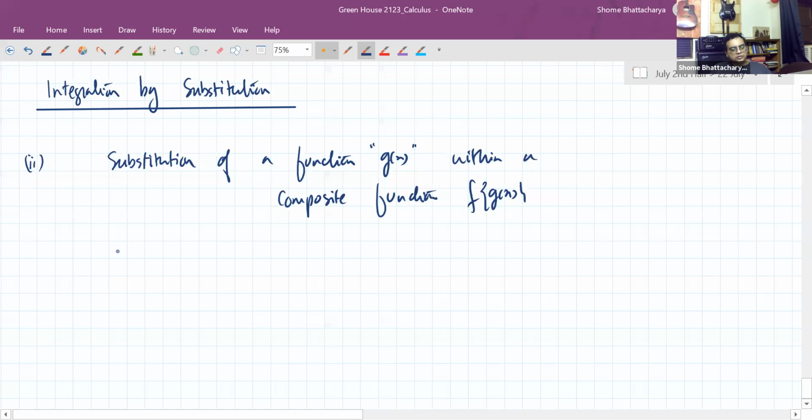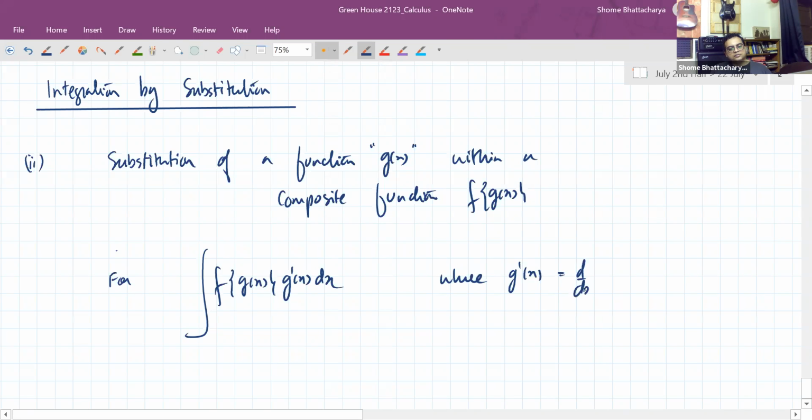So for an integration of this type, f of g(x) multiplied with another term which is the derivative of g(x), where g'(x) is the derivative of the function g(x).